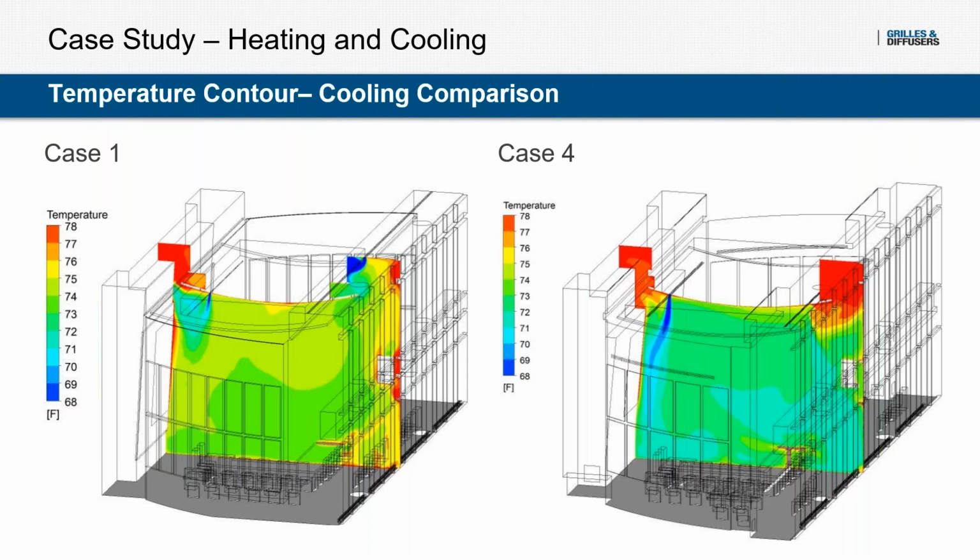You can either do your best to have the perfect system in heating or the perfect system in cooling, or try to make sure that in both cases, most people are relatively comfortable. And after doing these case studies, it was decided that most people would be comfortable in both heating and cooling with these changes.